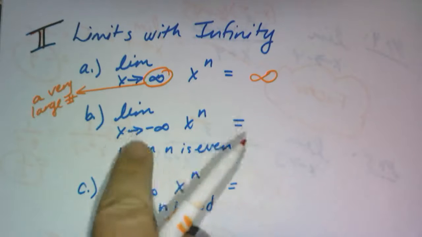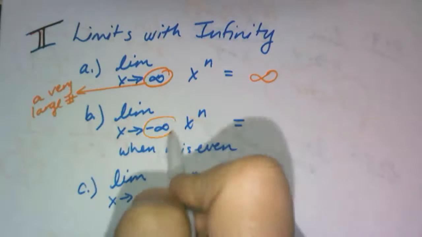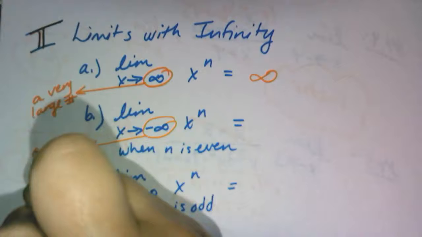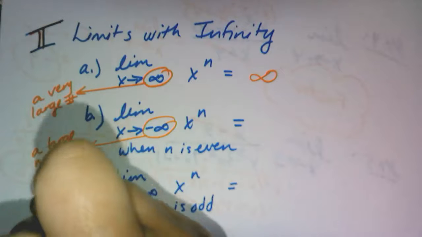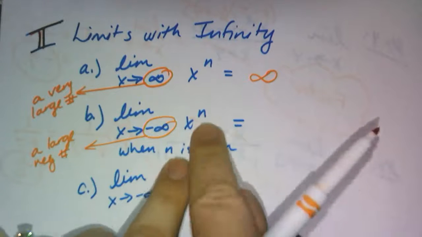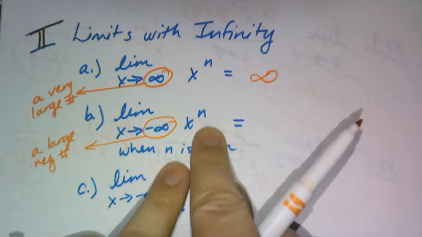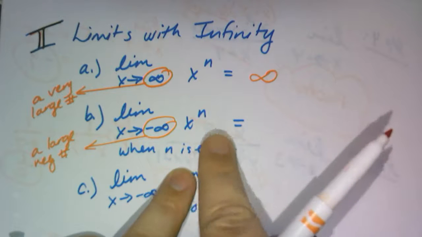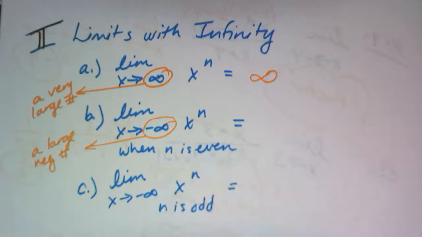Okay, now let's do it as x is getting to be a very large negative number, but my exponent is even. So it's going to be infinity because it's positive. Why? Because what happens if you took negative 100 and squared it? What about negative 1,000? It goes positive, right?